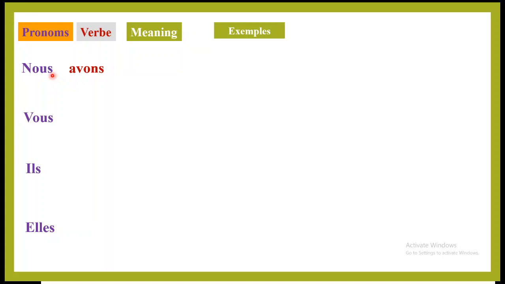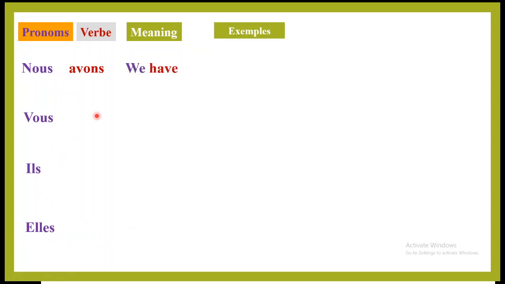So you combine the two in pronunciation. As you are pronouncing it, the s will sound like z. So nous avons. The same thing applies for vous, ils, and elles.